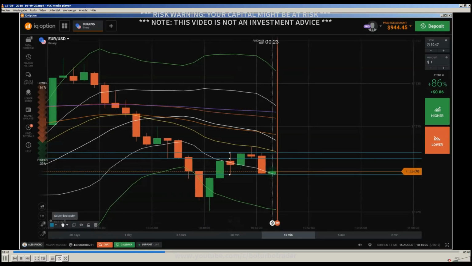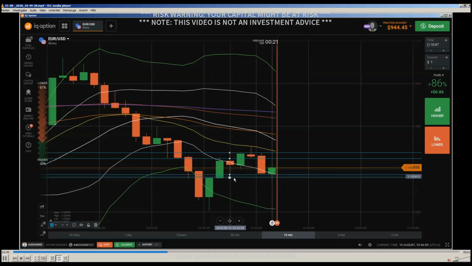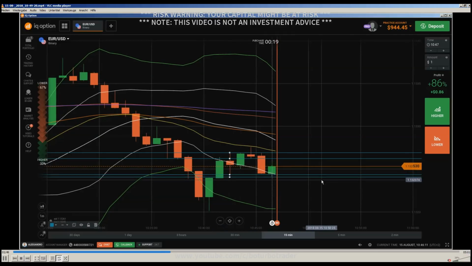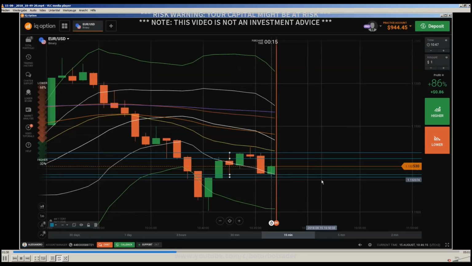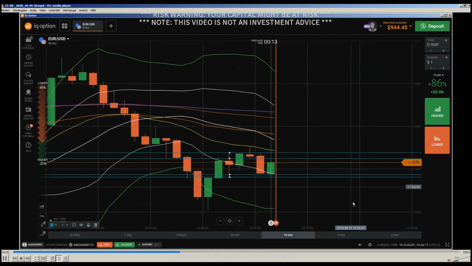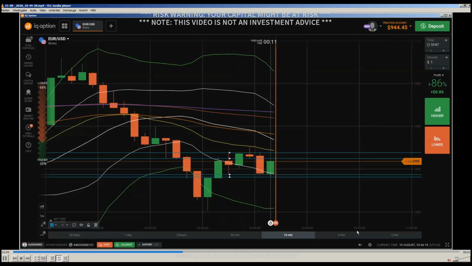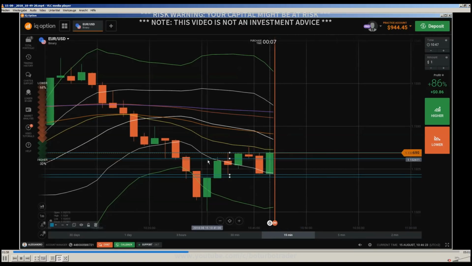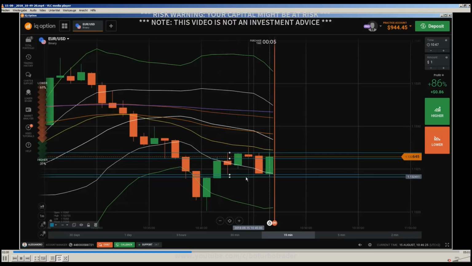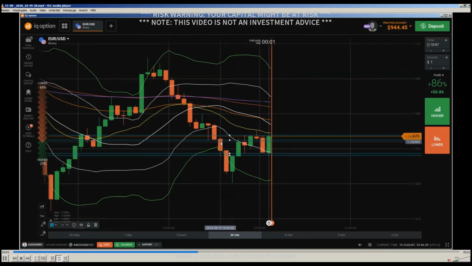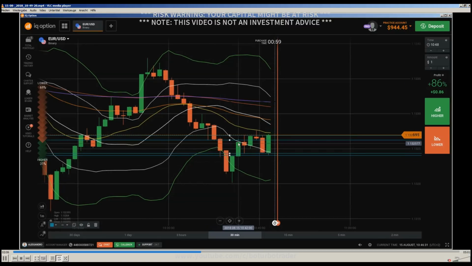Those are the concepts you should always have in mind: the ranging market, the Bollinger Bands, the EMAs. Those are the concepts which you should cover first, because you use them on each and every trade.